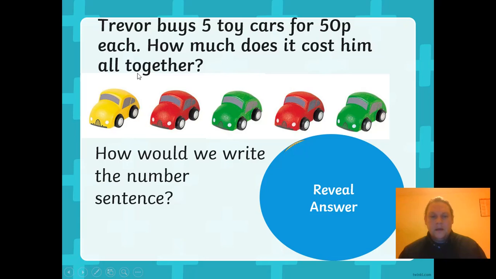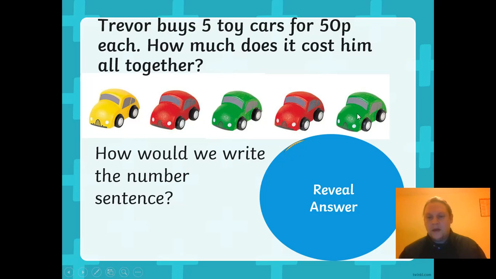Okay, each one of these cars is worth 50p. Now, what then is 2 cars going to be worth? How much is it going to cost for 2 cars? For each one of these is 50p. 2 cars together is going to be £1. Okay, the next 2 cars together are going to be another £1. So we can think of this as £1 and £1.